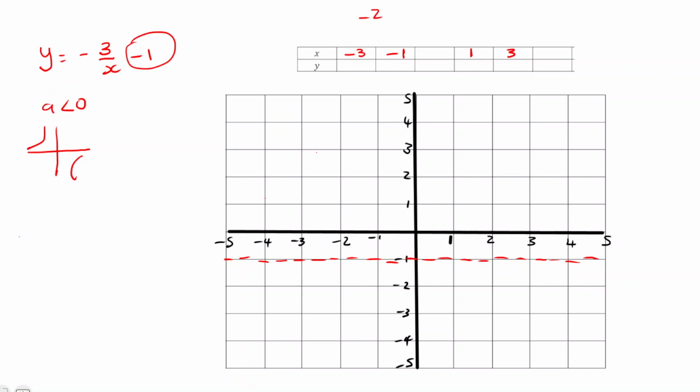a decimal number. For example, you are given -3 over x minus 1. If you put a 2 here, then you're going to have -3 over 2 minus 1, which is -1.5 minus 1. So -1.5 minus 1 is going to give me -2.5.